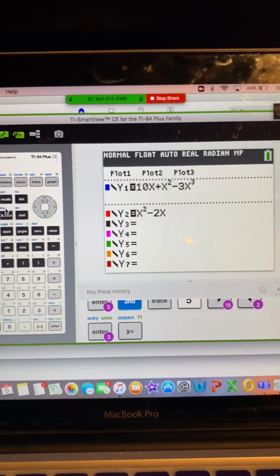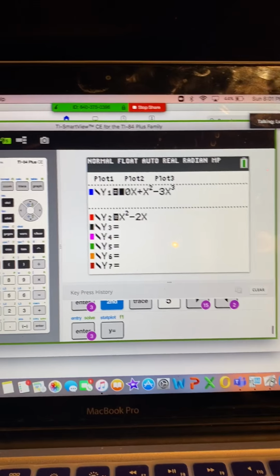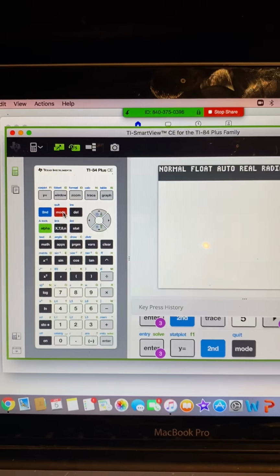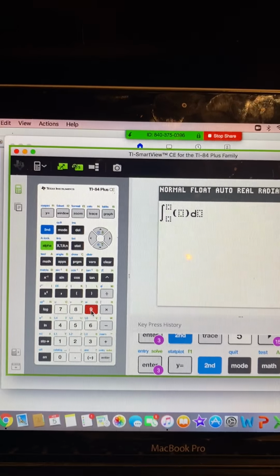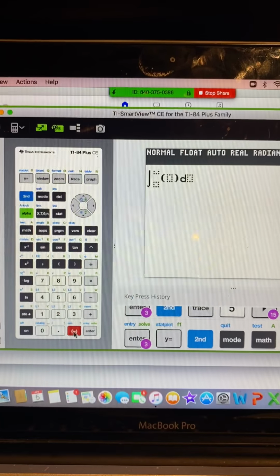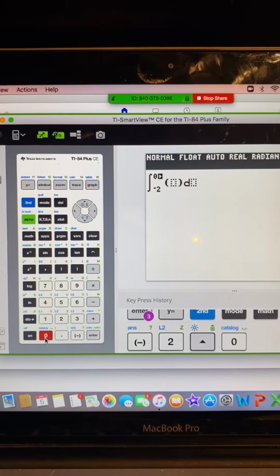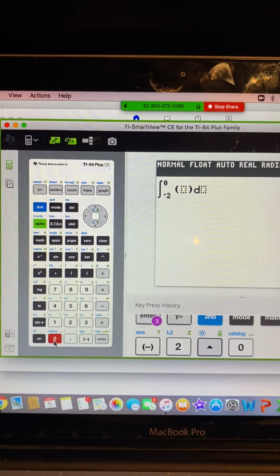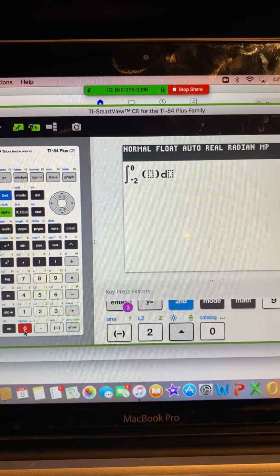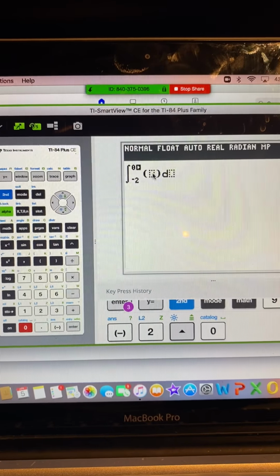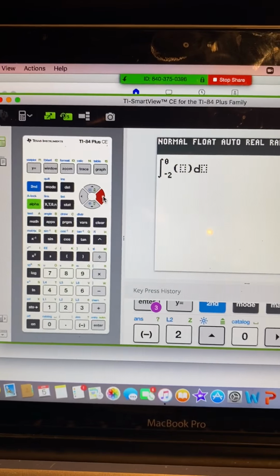The first integral is going to be second quit, math, number 9, from -2 to 0. In that case, remember, the quadratic was on top. So this is going to be y2 minus y1.